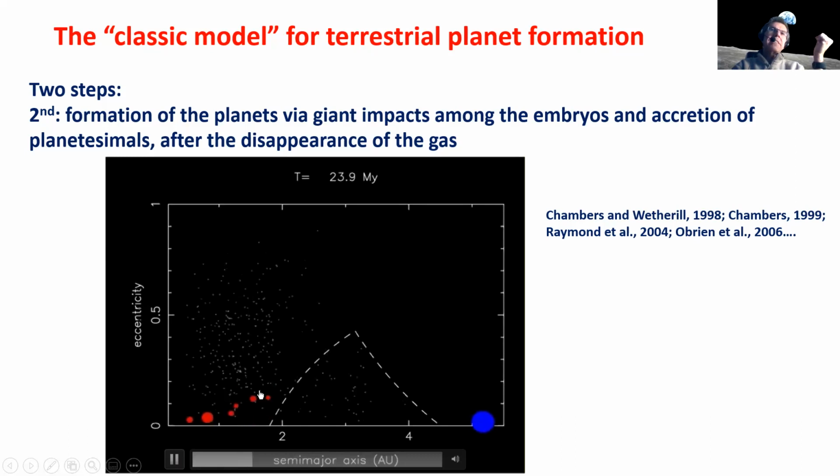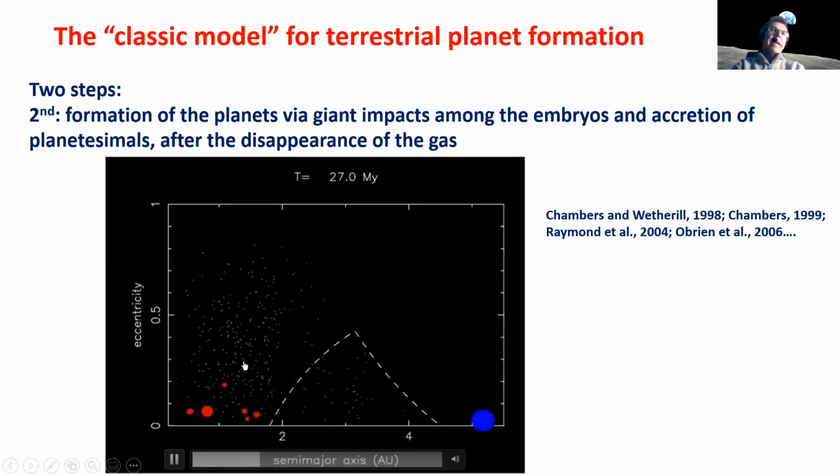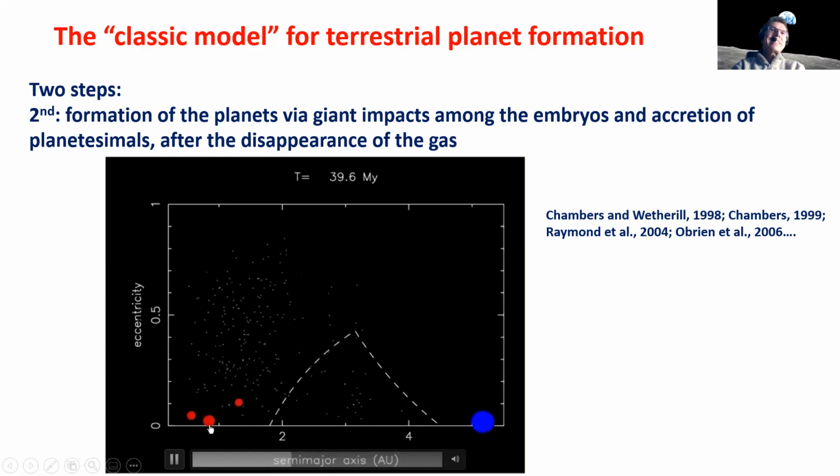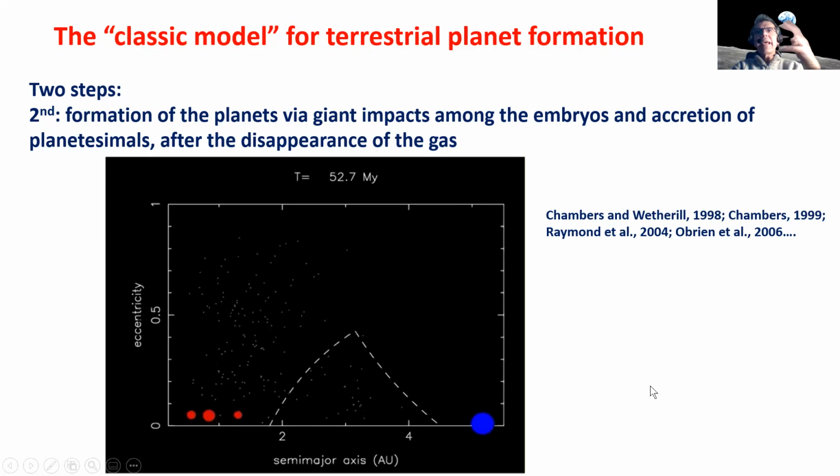But in the terrestrial planet region, the embryos don't go away, and they keep colliding with each other, growing in mass, until their numbers become smaller and smaller, and eventually a stable planetary system is formed. In this case, a system of 3 terrestrial planets, but in some cases it can be 2 or 4 or 5, again due to the intrinsic chaoticity of these kinds of simulations.